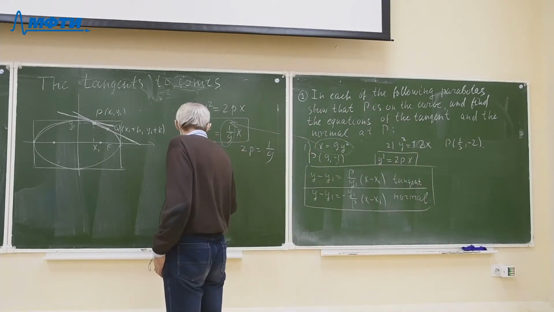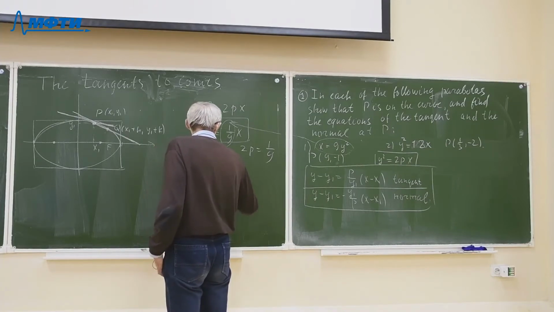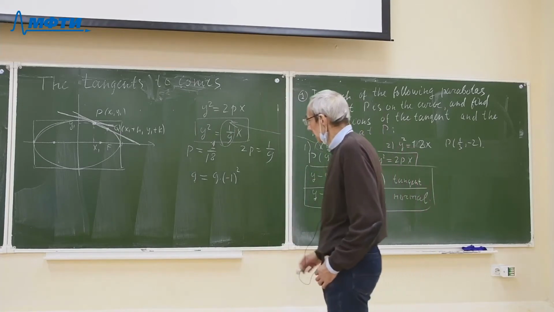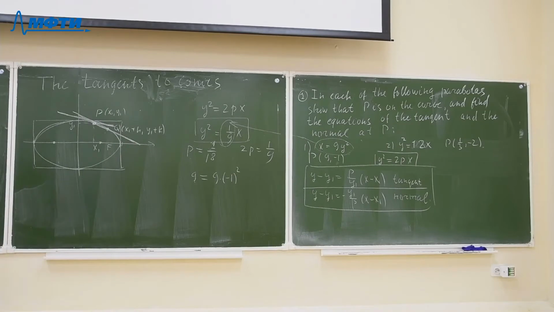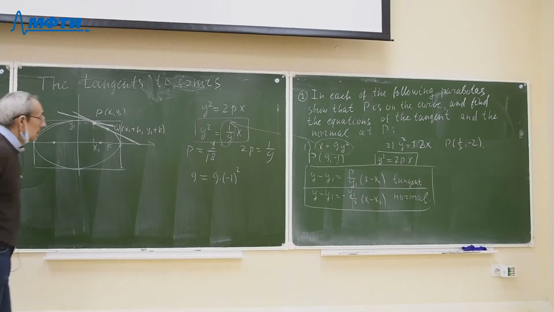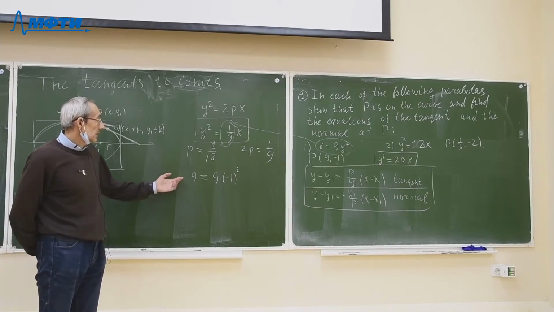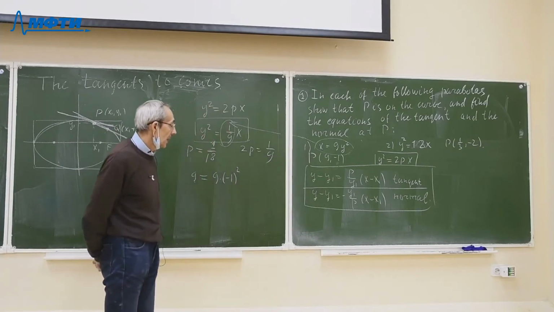Easy to see, 9 is equal 9 times minus 1 square, and we obtain the equality. And we can assert that this point lies on this parabola.